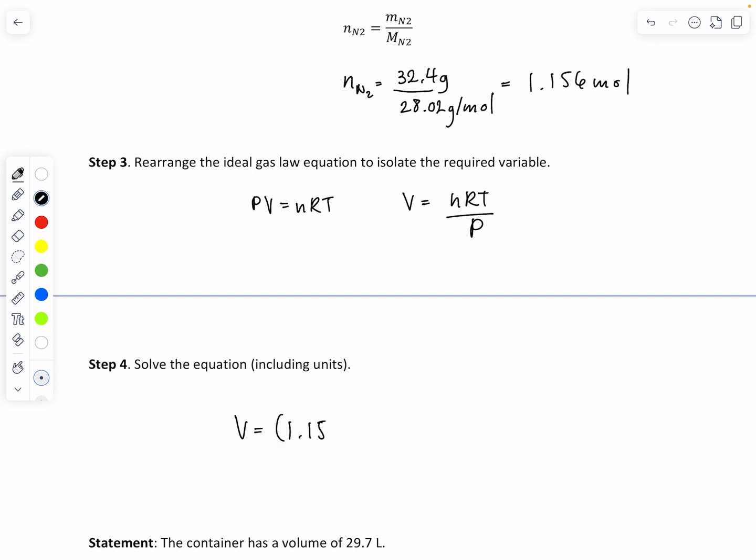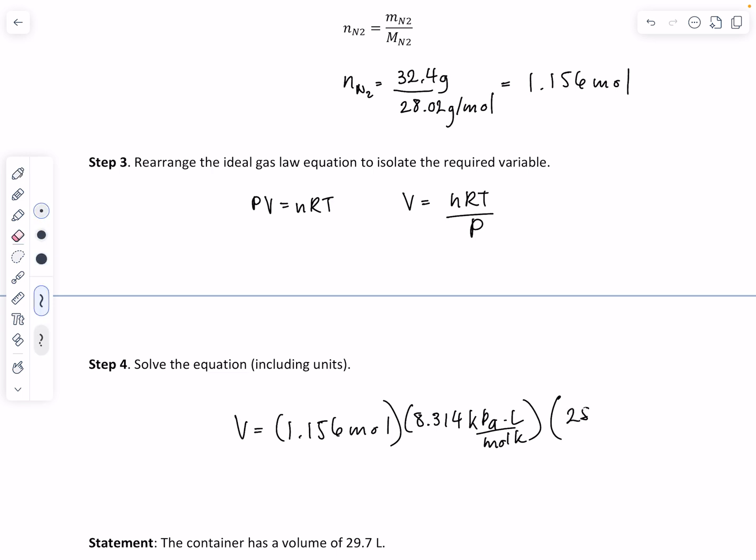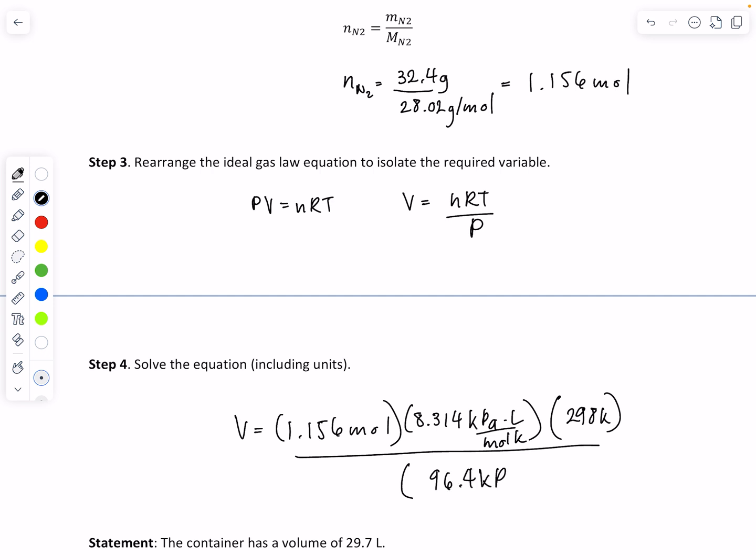That's 1.156 moles times 8.314 kilopascals times liters per mole Kelvin times a temperature of 298 Kelvin divided by a pressure of 96.4 kilopascals. If we punch this in, we end up with a volume of 29.7 liters.